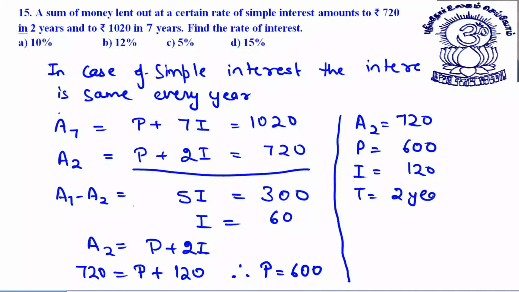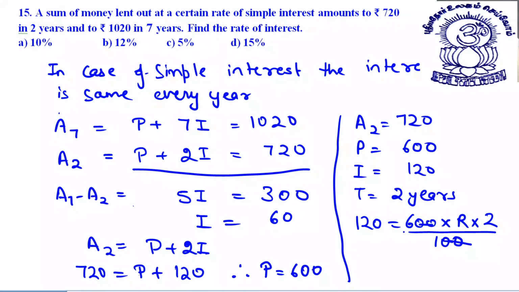Okay. If I put in the formula, interest is equal to principal into rate, rate we need to find, into time divided by 100. See how easily it is solved. Double zero and double zero cancel.